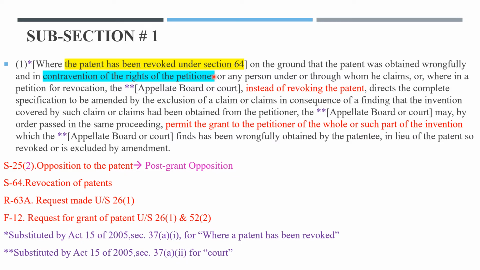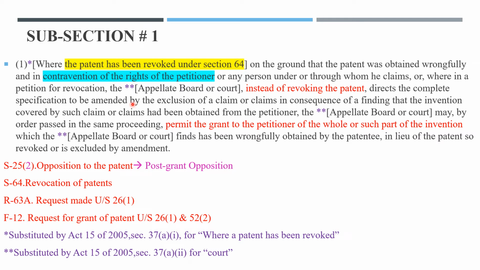Where the patent has been revoked under Section 64, subsection 1, clause C, on the ground that the patent was obtained wrongfully and in contravention of the rights of the petitioner or any person under or through whom he claims, or where in a petition for revocation, the appellate board or court, instead of revoking the patent, directs the complete specification to be amended. Okay.